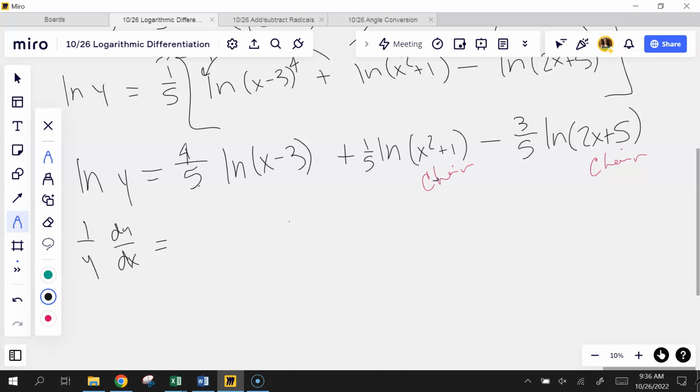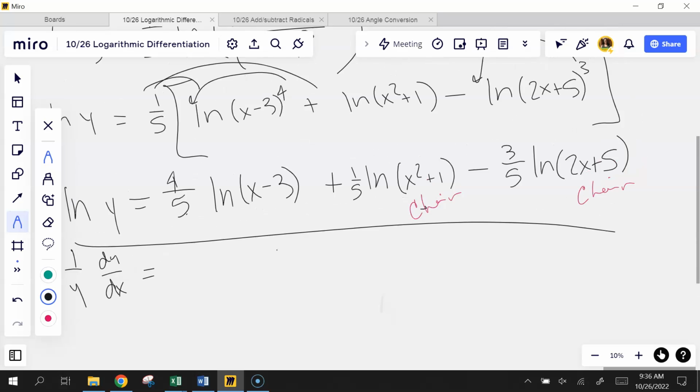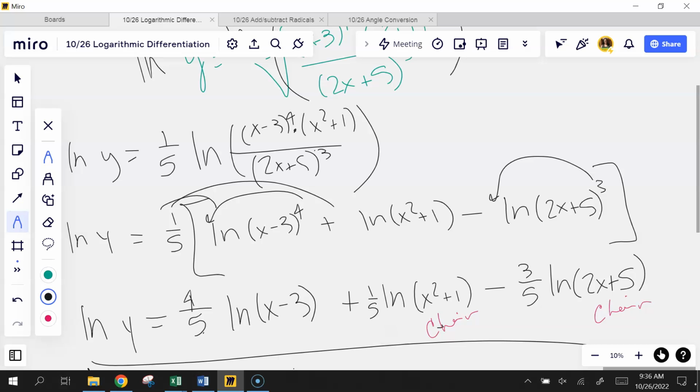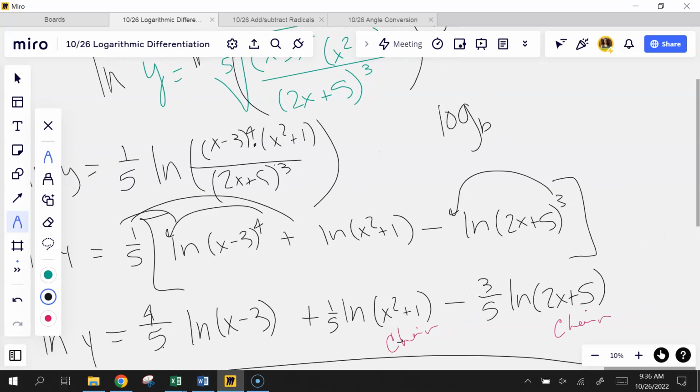No, none of that was derivative. All I was doing was getting it situated with logs. Now I'm doing derivative. So remember, these are just log rules. If it's like this, I do log base b of a minus log base b.